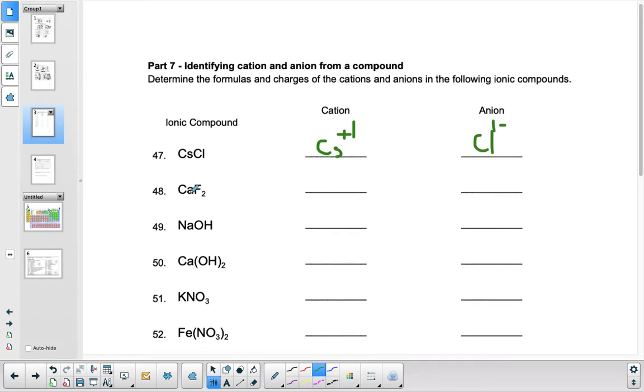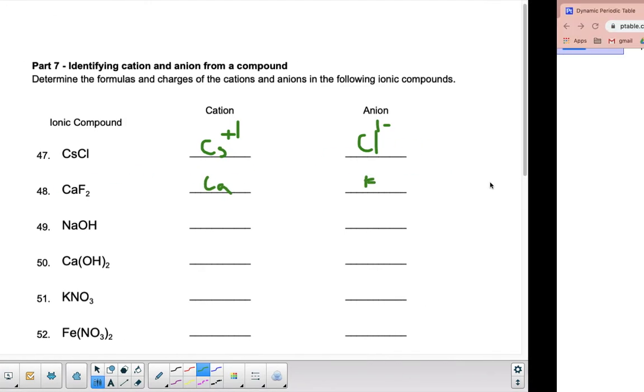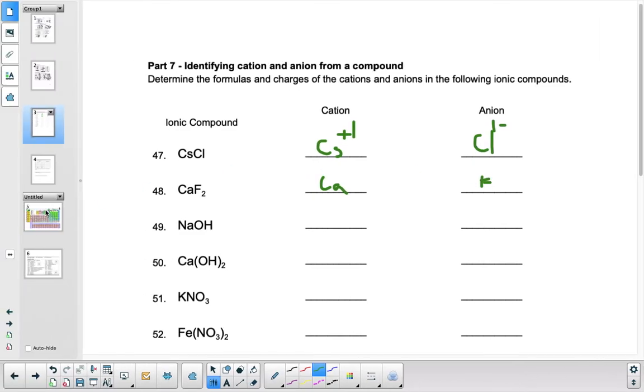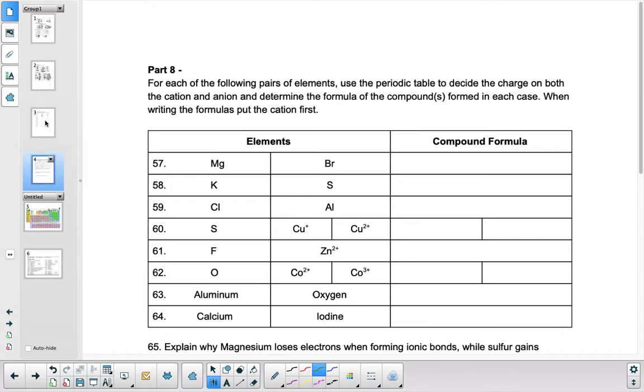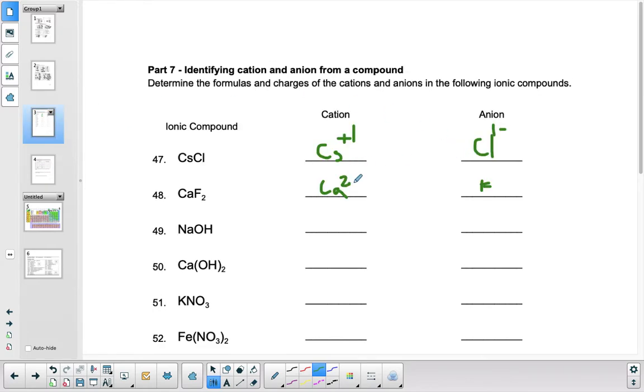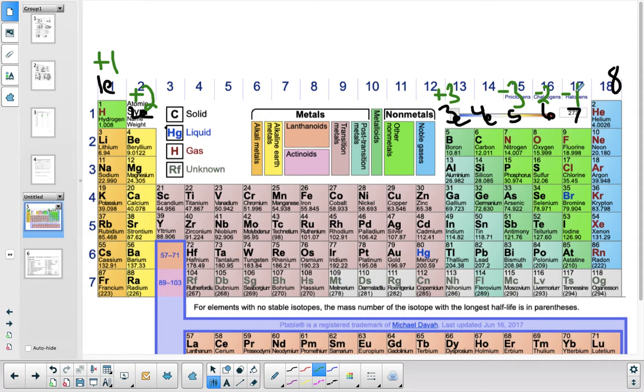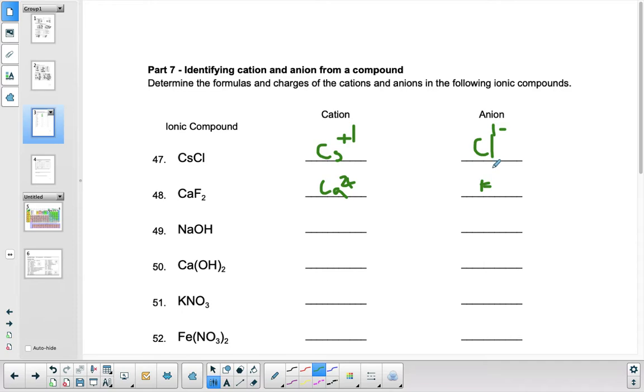Now 48, we have calcium and fluorine. So let's check our table. Calcium, group 2, has +2 charge. Fluorine is in group 17, -1 charge.